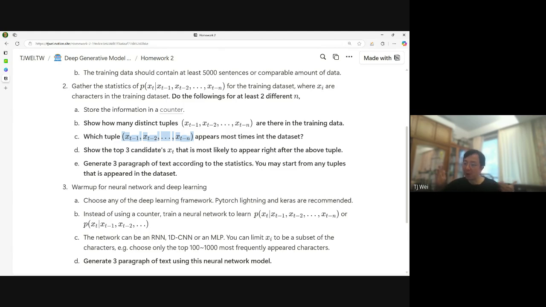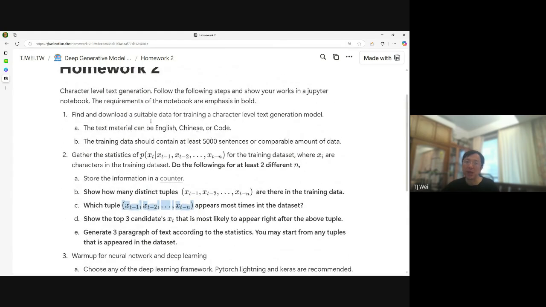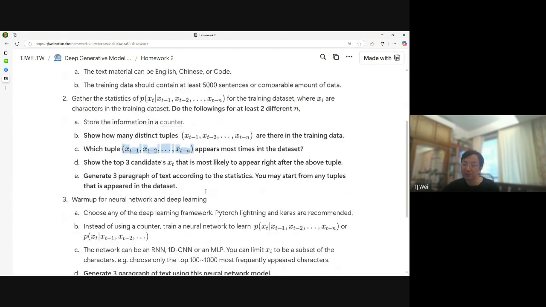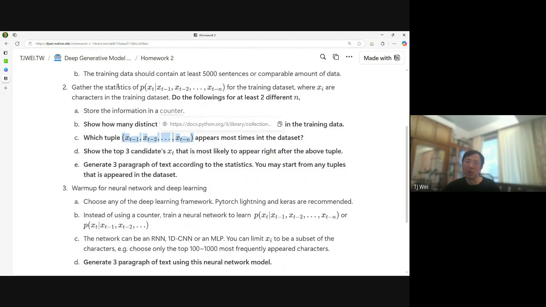So I probably cannot show all the work in one notebook because I don't have just one data set. I have a lot of different data sets. But in the homework, you only need to submit for one data set with 2 different N, and that is enough to show something.